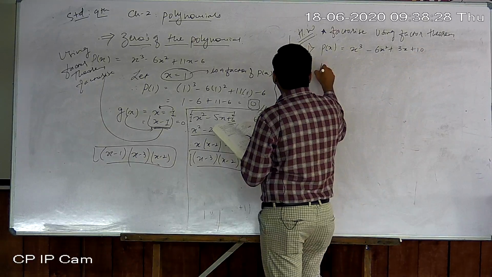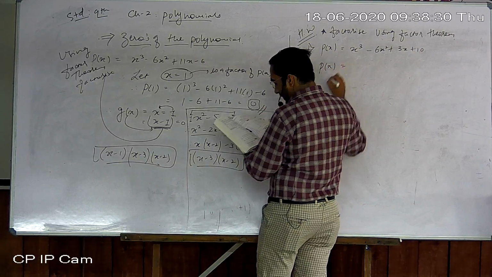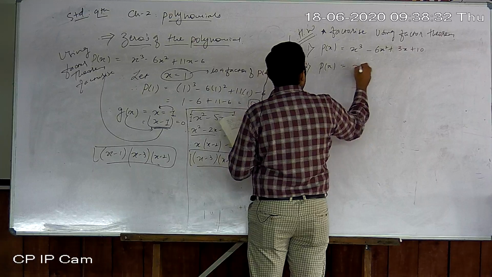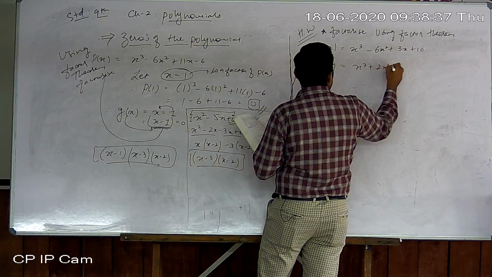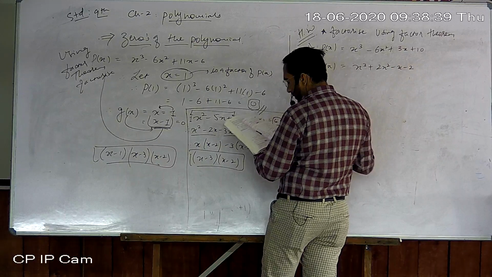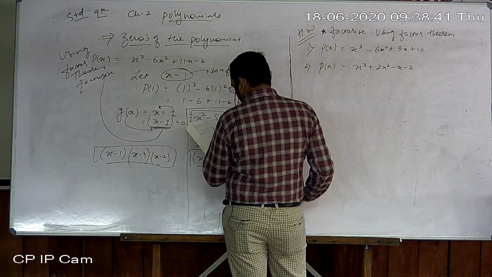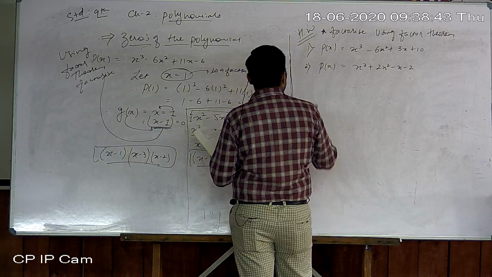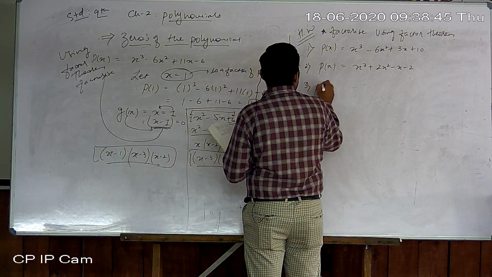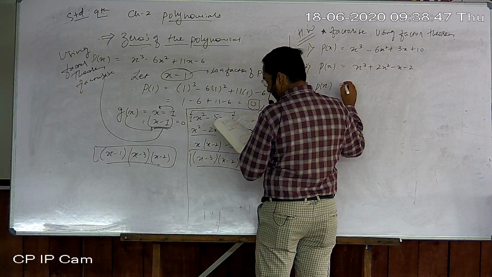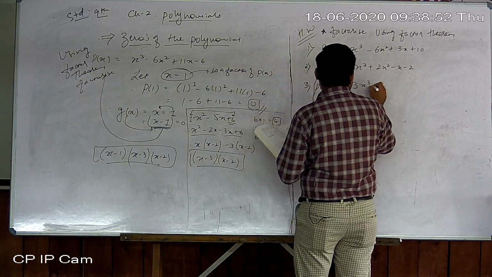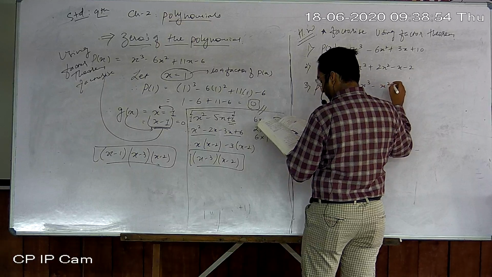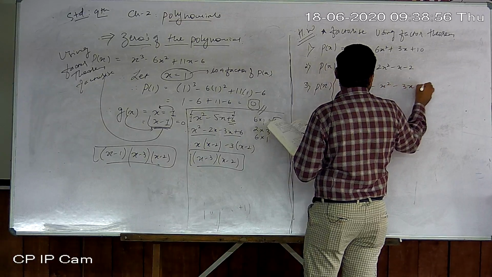Second one, p of x is equal to x cube plus 2x square minus x minus 2. Third one, p of x is equal to 3x cube minus x square minus 3x plus 1.